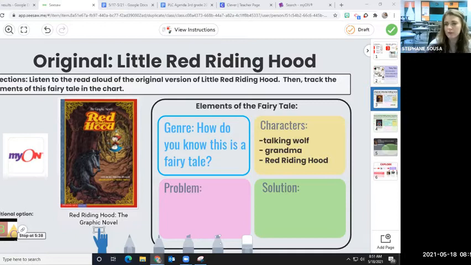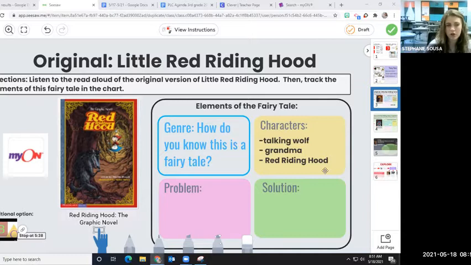Remember, in our problem, it is usually inside of a fairy tale that there is good versus evil. Okay, good versus evil. Who was the good? Who was the evil inside of this fairy tale?